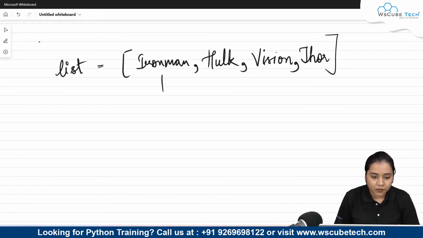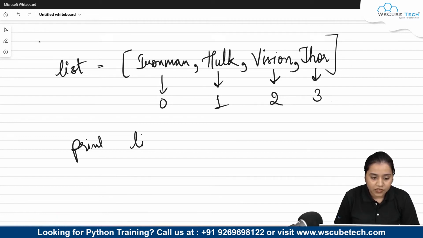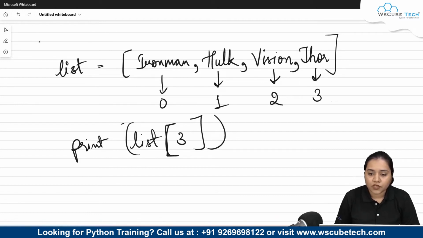We know that Iron Man is at index 0, Hulk at index 1, Vision at index 2, and Thor at index 3. If I want to print Thor, I can simply print the list, whose name is, for example, list, and go for the element at index 3. That is Thor, right? But what if there are more elements?